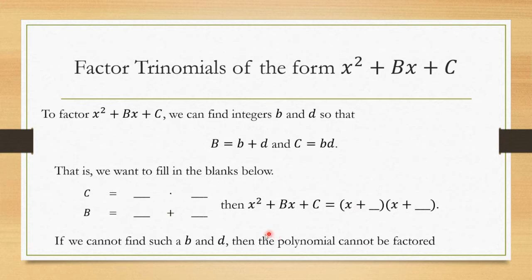You may not be able to find 2 numbers, b and d, where this is true. If that happens, then the polynomial cannot be factored. We say it's irreducible.